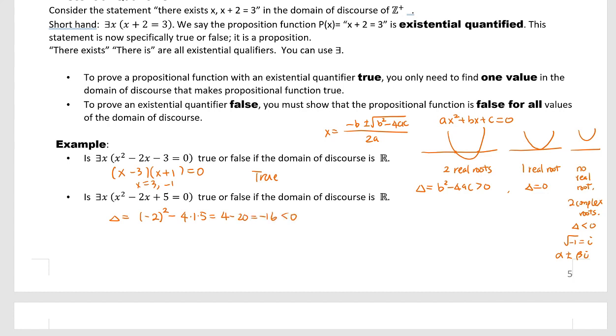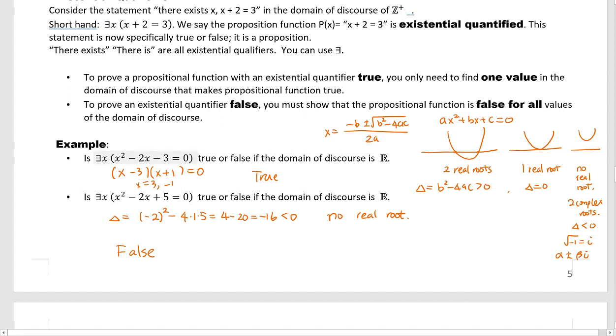Oh, you can see it's negative, so no real roots. There's no x such that this could happen. So that's why it's false. No real root can satisfy this quadratic equation.